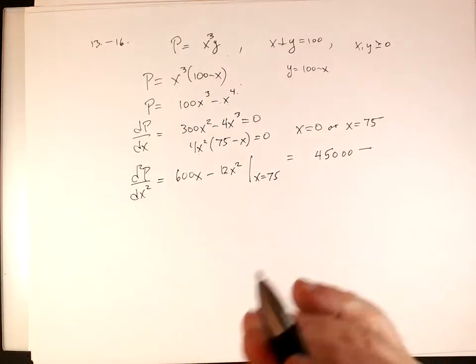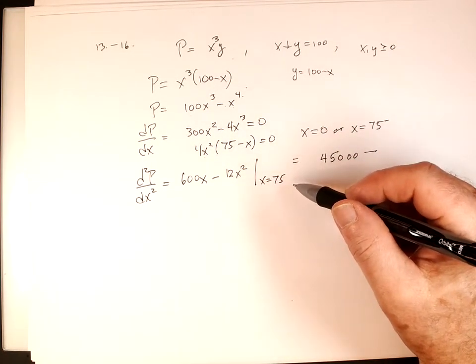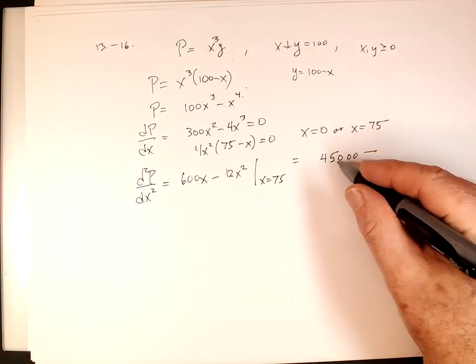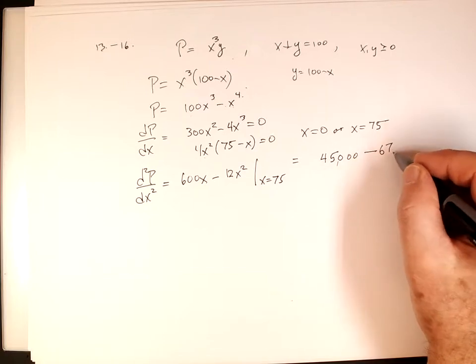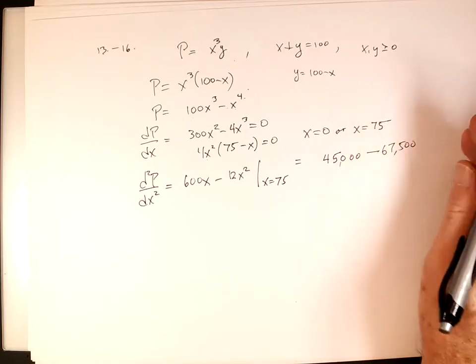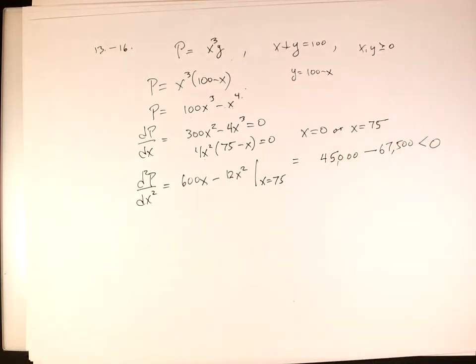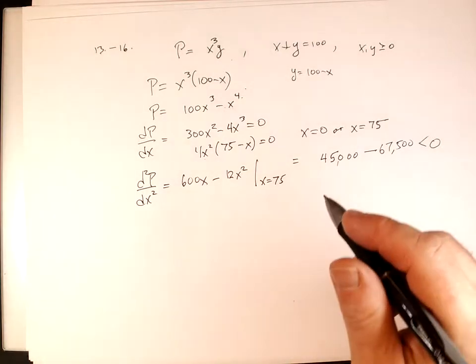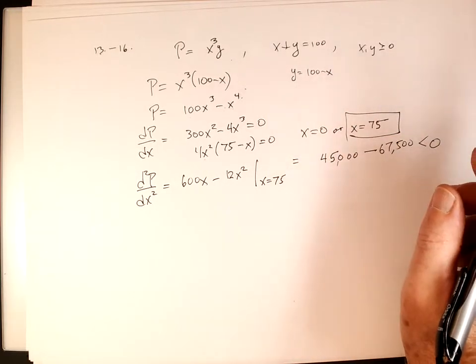I need 12 times 5625, which is 67,500. And the point is, this is less than 0. So the second derivative is negative at x equals 75. That tells us we have a maximum, relative max, because it's concave down. So, find the x that maximizes the product. Well, we knew x equals 75 had to be the solution anyways.